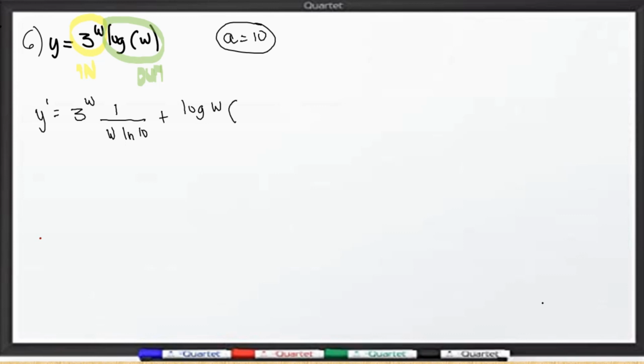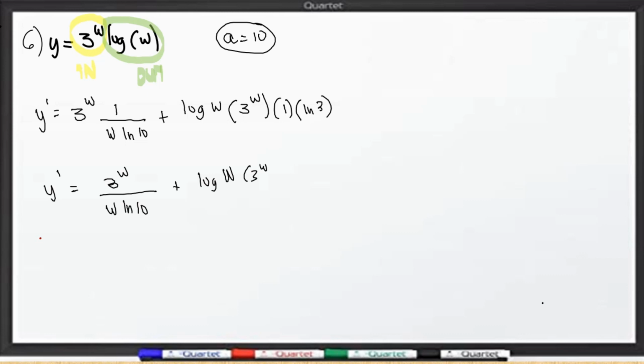So the derivative of the inside is a to the u, that is 3 to the u, times du dx, which is 1, times ln of 3. Okay, so we have y prime is equal to 3 to the w over w ln of 10 plus logarithm of w times 3 to the w ln of 3. So this will be our final answer.